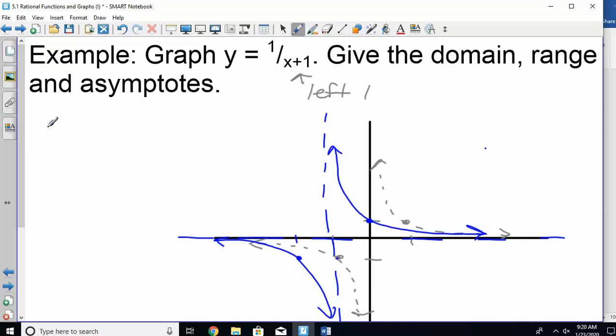So my domain. You can get it from the graph or the original equation. If we look at our equation, the one thing x can't be is negative 1. If I look at my graph, it goes from negative infinity to this vertical asymptote is the value I don't hit, which is negative 1, union negative 1 to infinity.